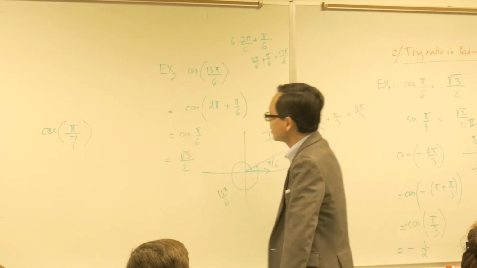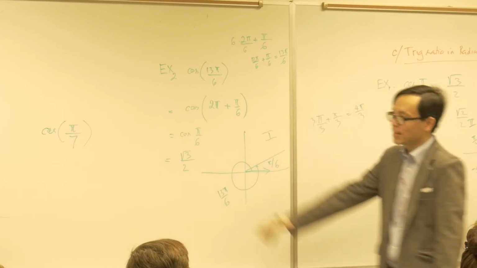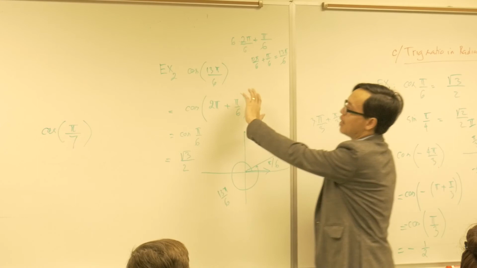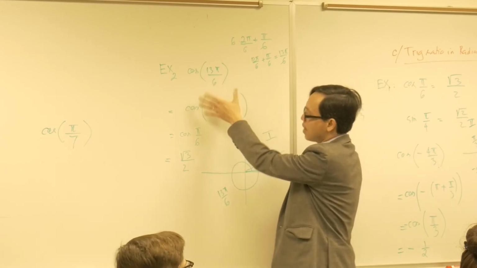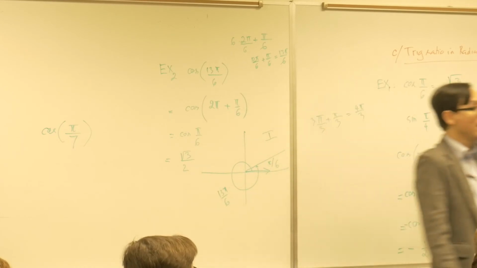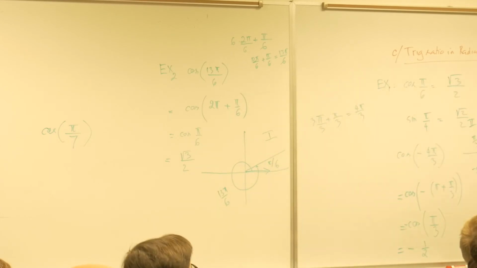On the test or on the assignment, I'm not going to give you anything like this. I'm going to give you an angle that you can manipulate somehow so that it's related to special angles. Everybody clear? You guys look doubtful.